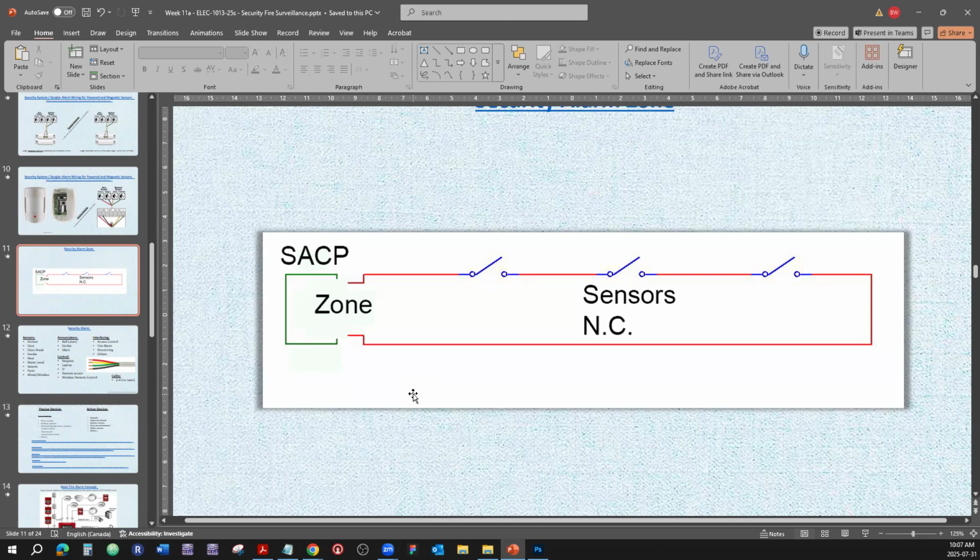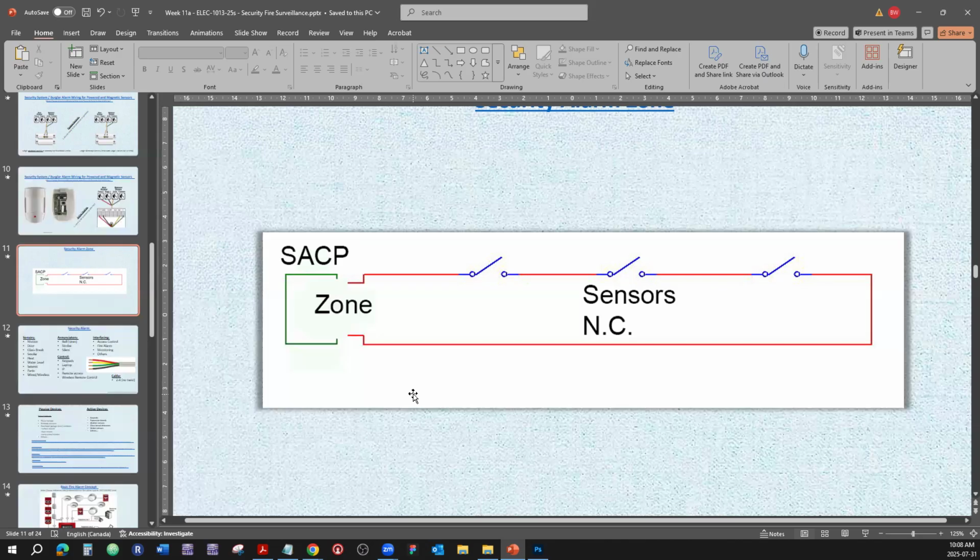We want it triggering 24/7 because it's considered a fire zone. Or water detection if there's a water spill, or sump pump detection.